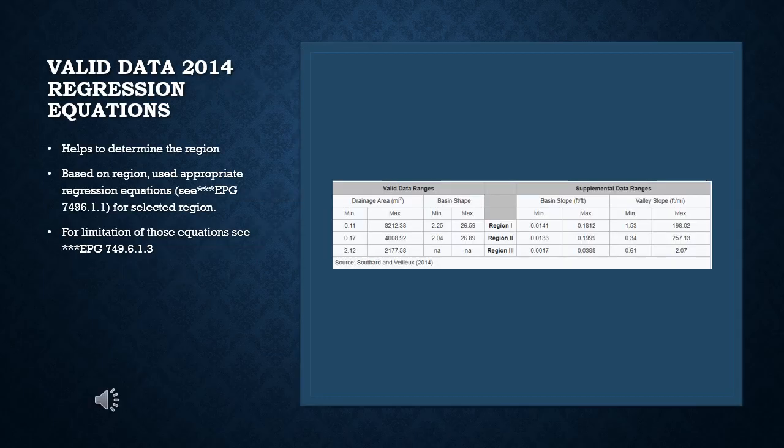Valid data for the 2014 regression equation can be found in MoDOT EPG. Keep in mind it only helps to determine the region. It is not used for determining the validity of the equation.